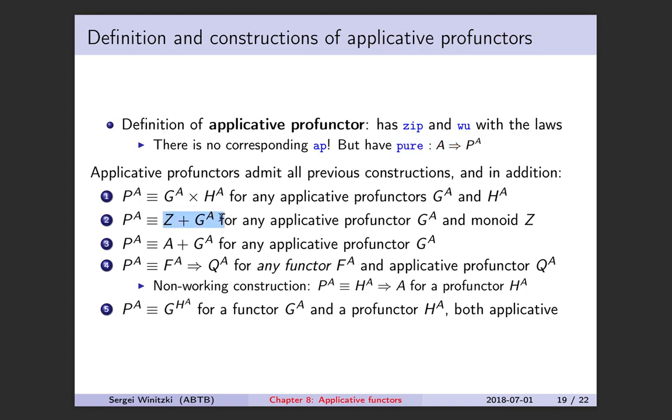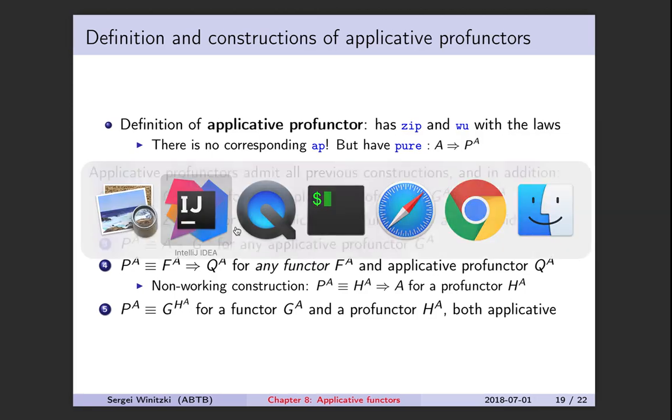In this construction you use only zip and wrapped unit and nothing else. In this construction you only use zip and wrapped unit. In this construction you use a functor for f, but you don't use anything for q except wrapped unit and zip. And similarly here. And so all these constructions actually go through with no further proofs necessary.